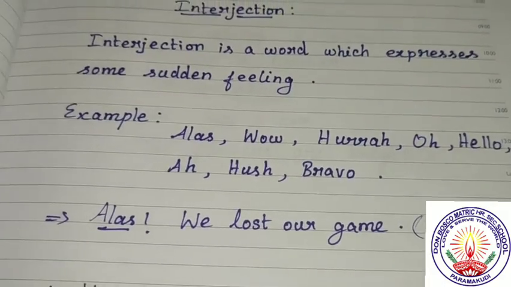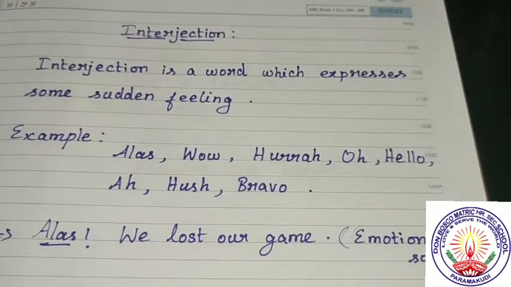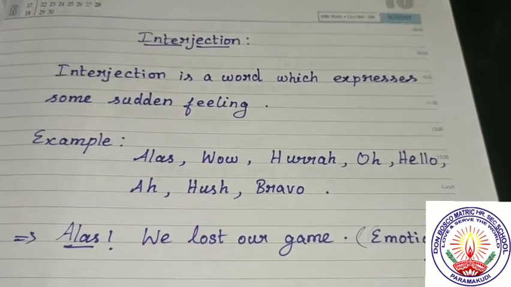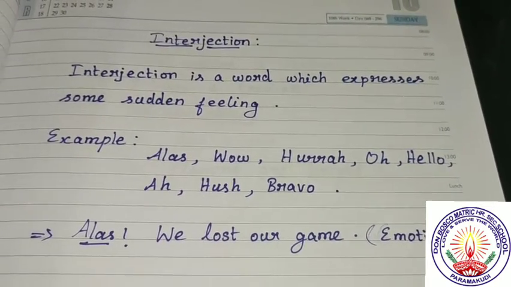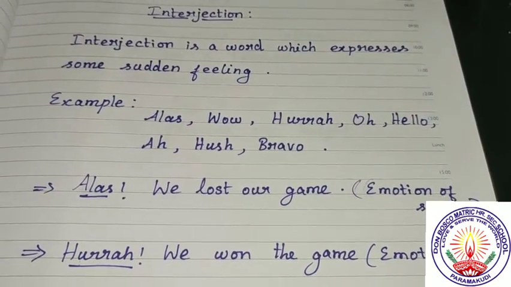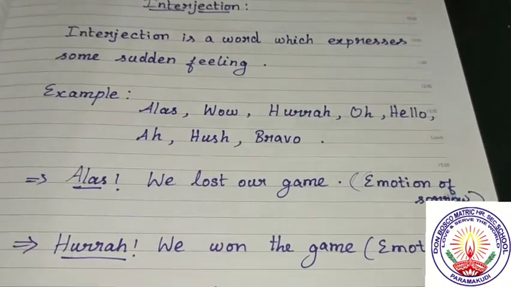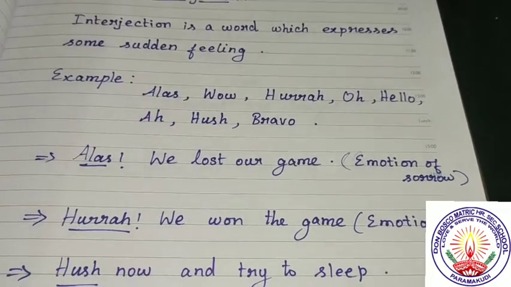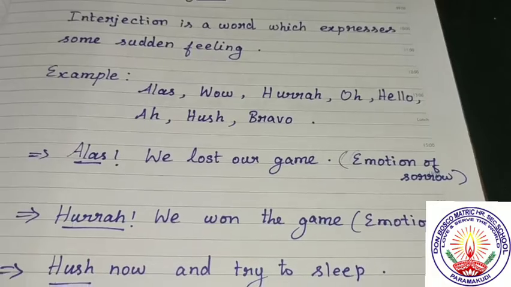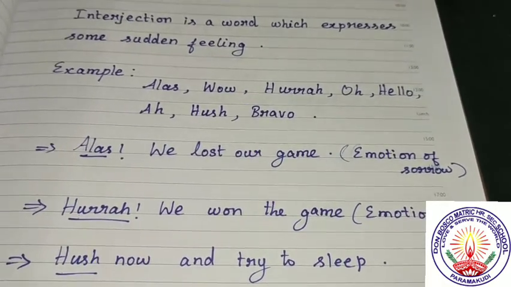Here are some examples. Alas, we lost our game. This is the emotion of sorrow. Then, hurrah, we won the game. Emotion of joy, happiness. Hush, now try to sleep. Hush means here keep quiet.